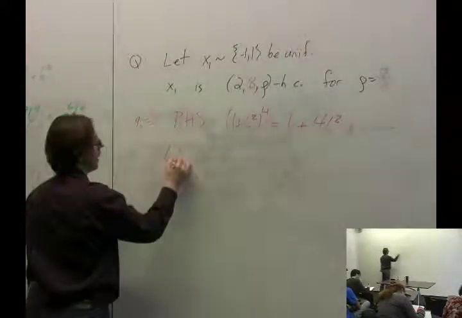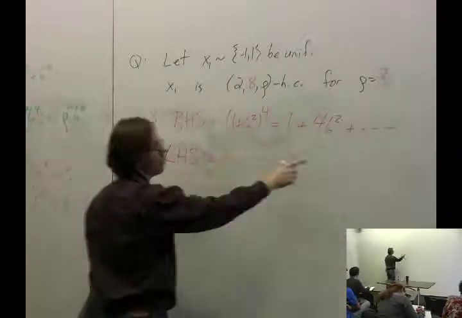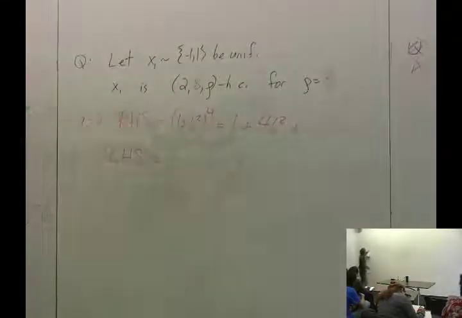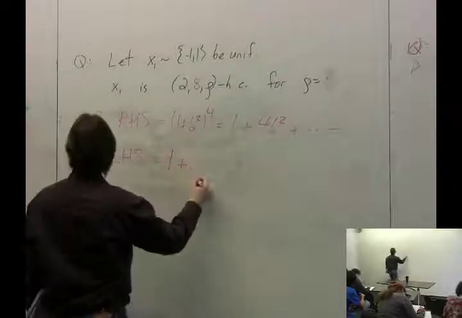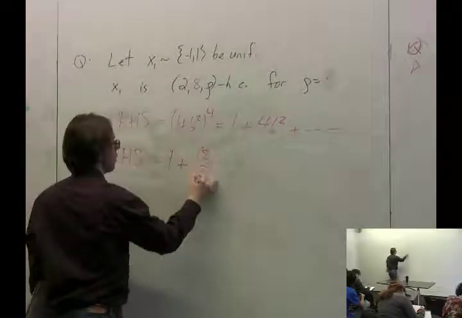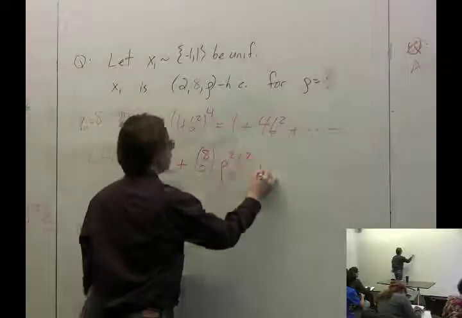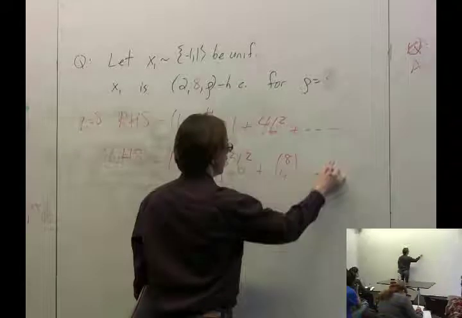And the left-hand side will be, well, expected value of 1 plus rho b x1 to the 8th. So looking at this thing, you'll see it's going to be something like 1 plus 8 choose 2, rho squared b squared plus 8 choose 4, some other stuff. That's going to have a b to the 4th.